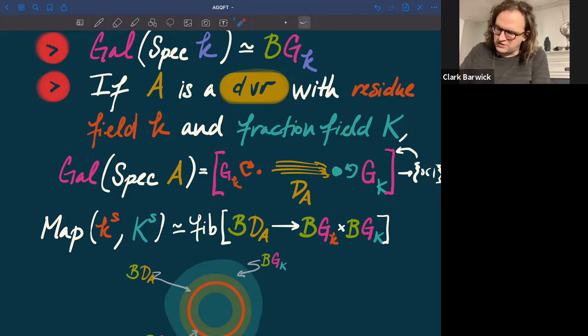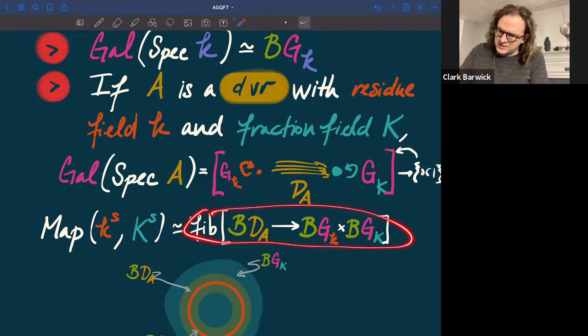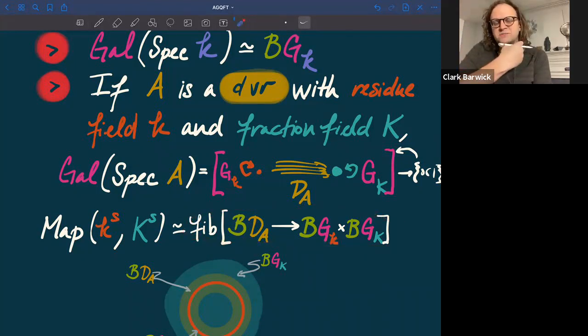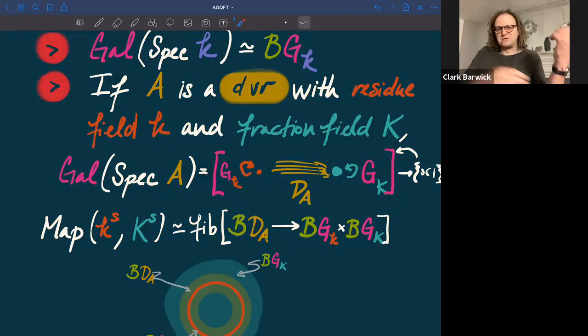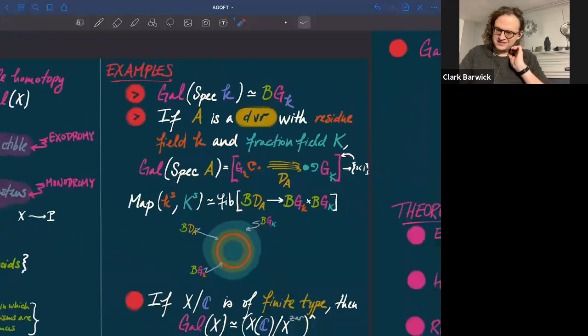So what I should have said was the following, that the set of maps from here to here is the fiber of this map. So this fiber is a space. It's a set though. It actually turns out to just be a set up to homotopy. Because DA embeds into here. So, yeah, exactly. DA is a subgroup of GK. So, exactly.